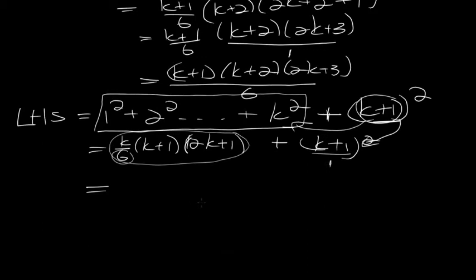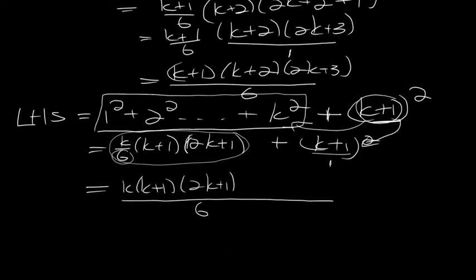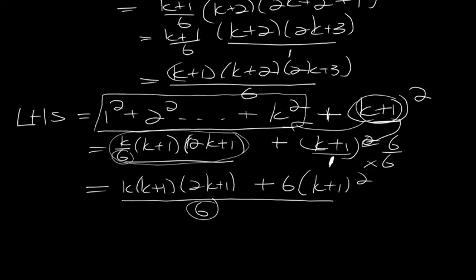So if we look at 6 as our denominator, it's going to be k (k plus 1), (2k plus 1) for this side, and for that side, we need to multiply by 6. You probably use different methods to make sense of this, but you ask yourself, what did I multiply with the 1 there to get to the 6? Well, I multiplied by 6, didn't I? And what you do at the bottom, you must also do at the top, and that's where 6 times (k plus 1) squared is just 6 (k plus 1) squared.